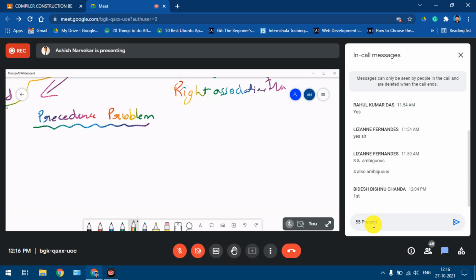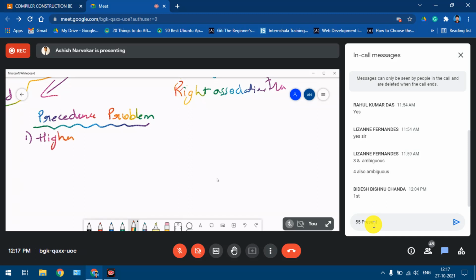When we have operators of different precedence in the same grammar, we need to restructure and redefine the grammar such that two points can be taken care of when the precedence problem comes into the picture.